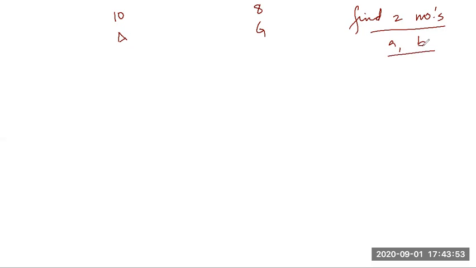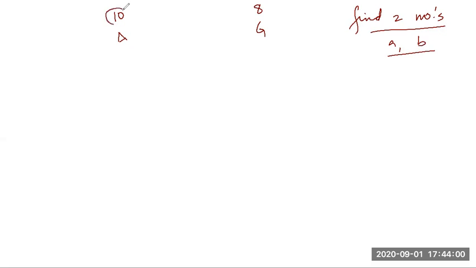It says find two numbers, their arithmetic mean is 10, and their geometric mean is 8. Find those two numbers. Let's assume the numbers are a and b.